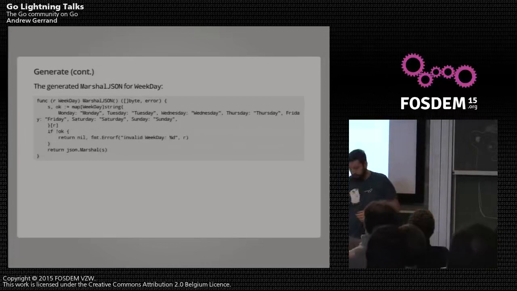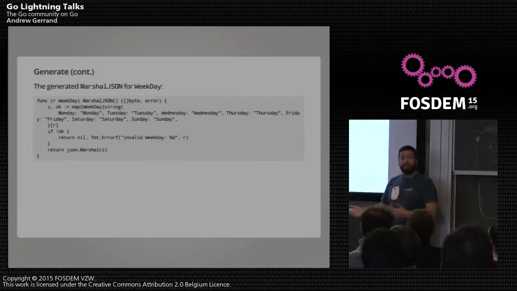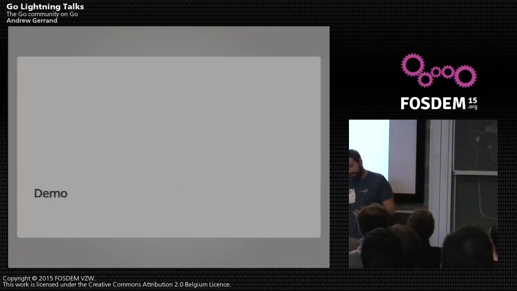And that's it. So it generates this code for the weekdays, which is not especially beautiful, but I don't care. And that's the funny thing. I don't even need to read it. I don't need to maintain it.